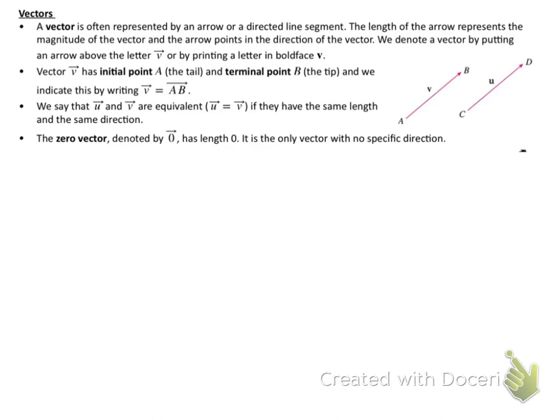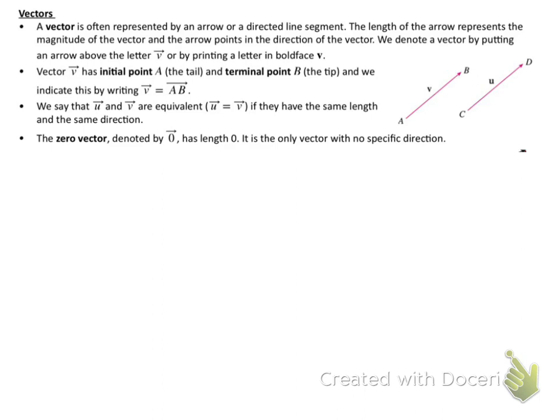Here we are going to start the vectors. So a vector, for me, is like a path or a way of going. A vector is often represented by an arrow or a directed line segment.